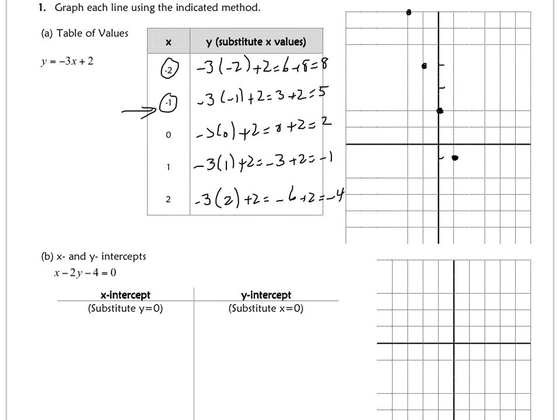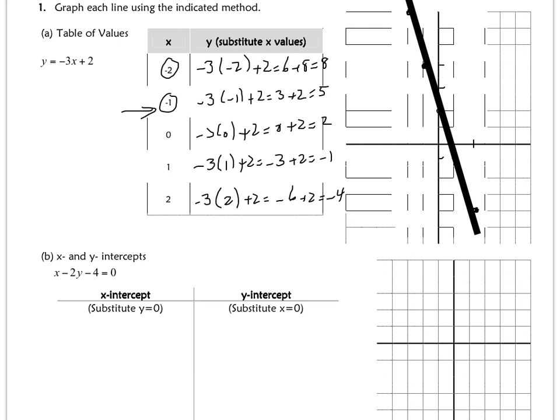And the last point is 2 and negative 4, so 2 on x is here, and negative 4 is going to be around here. So now we are going to try to draw a line through these 5 points. So our line that goes through these 5 points is drawn here.